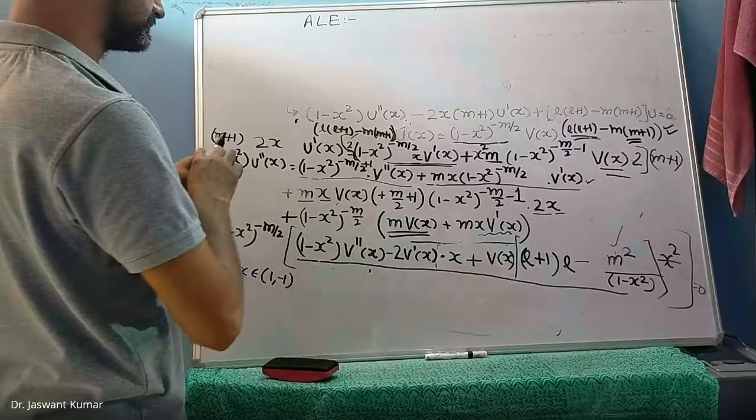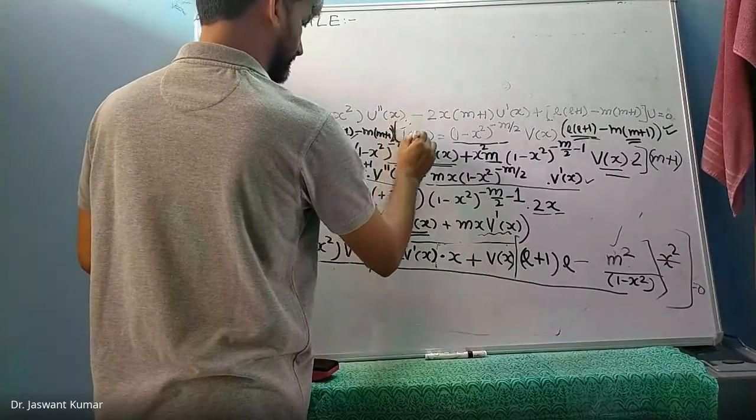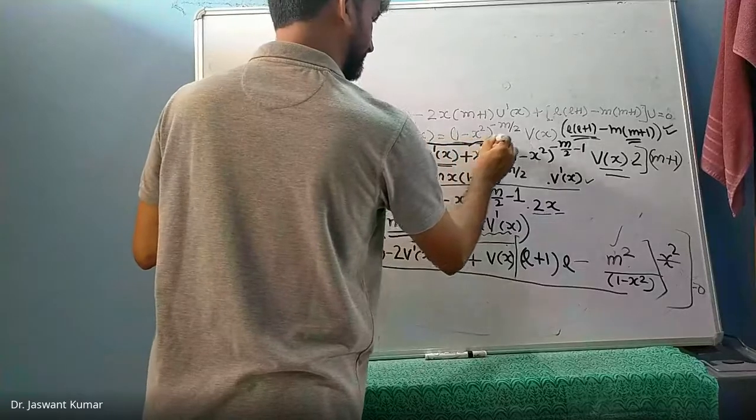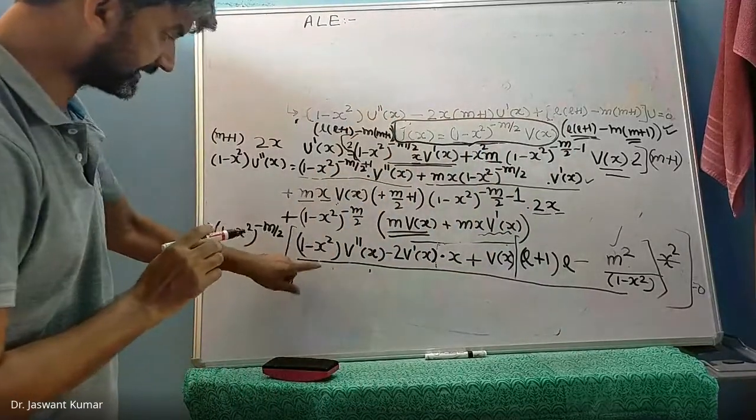Now I try to box different things. First of all, I write this equation upstairs.